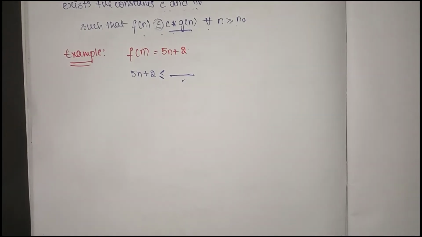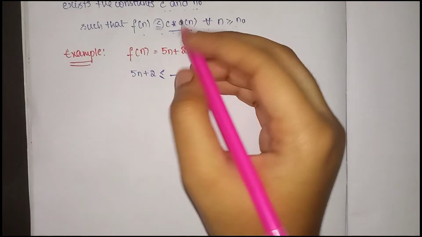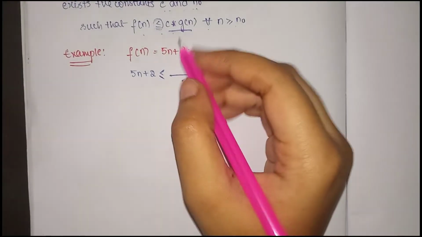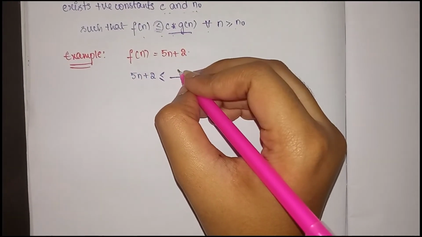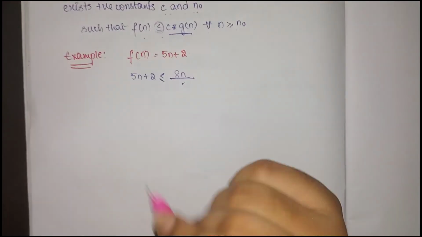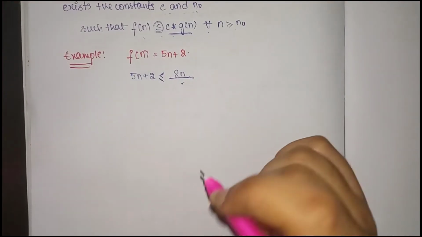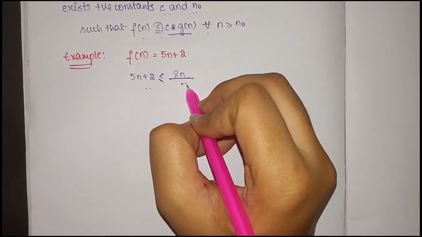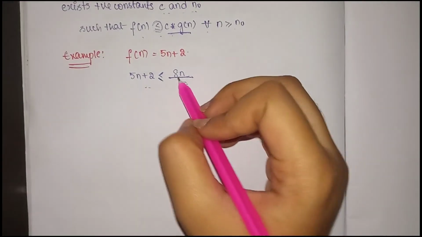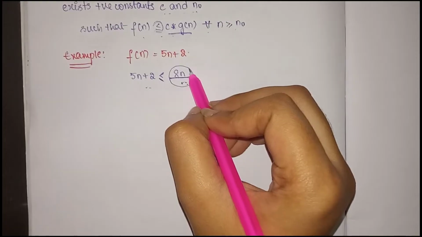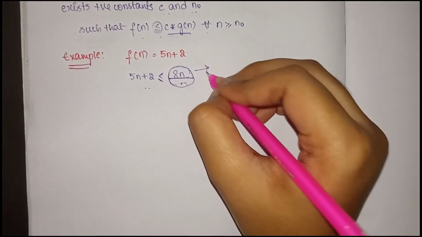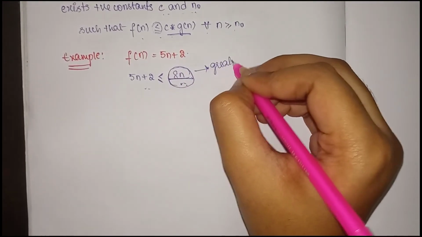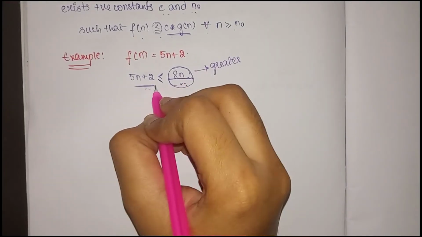You need to write only one expression, I mean one number you need to take. So I'll take here some 8n. I need to know whether this will be less than or equal to this particular one. But keep this point in mind: whenever you write C into g of n, this particular part should be greater than the given function.